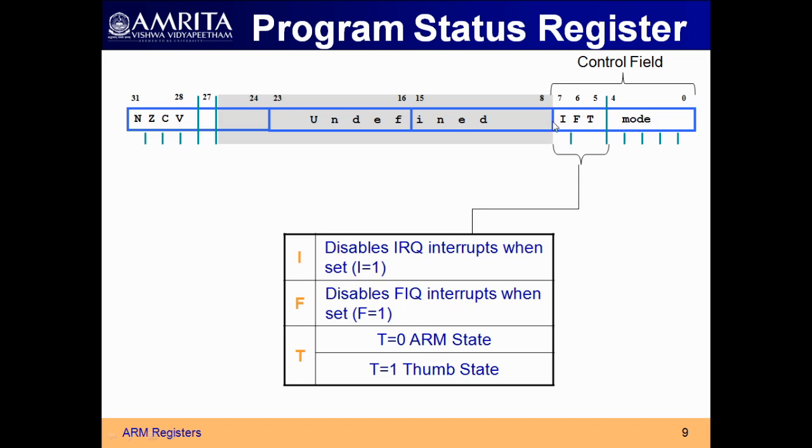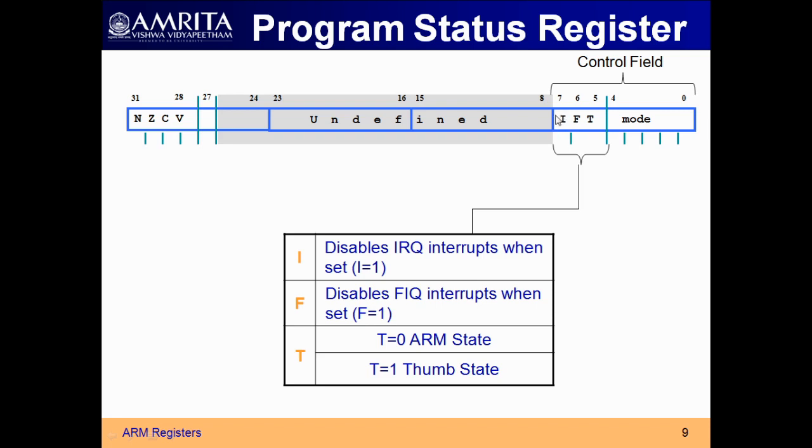So what is the use of the I bit, F bit and T bit? The I bit stands for the IRQ enable or disable bit. I and F are used for enabling or disabling IRQ or FIQ. IRQ stands for normal interrupt, FIQ stands for fast interrupt.